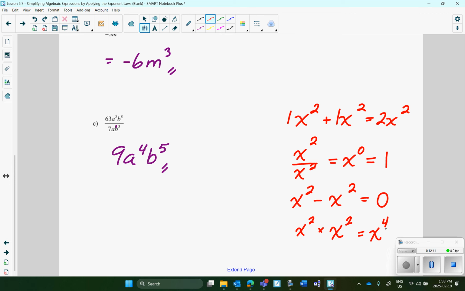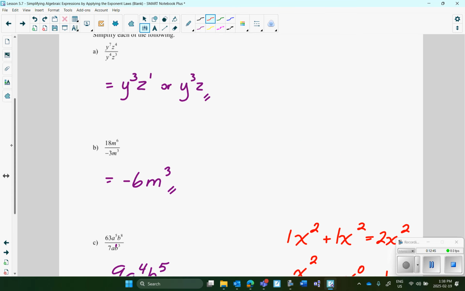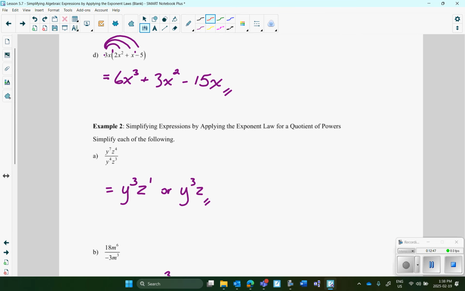It goes back to this one up here, where we did exponent laws, but then we can't collect like terms because these aren't identical. Okay?